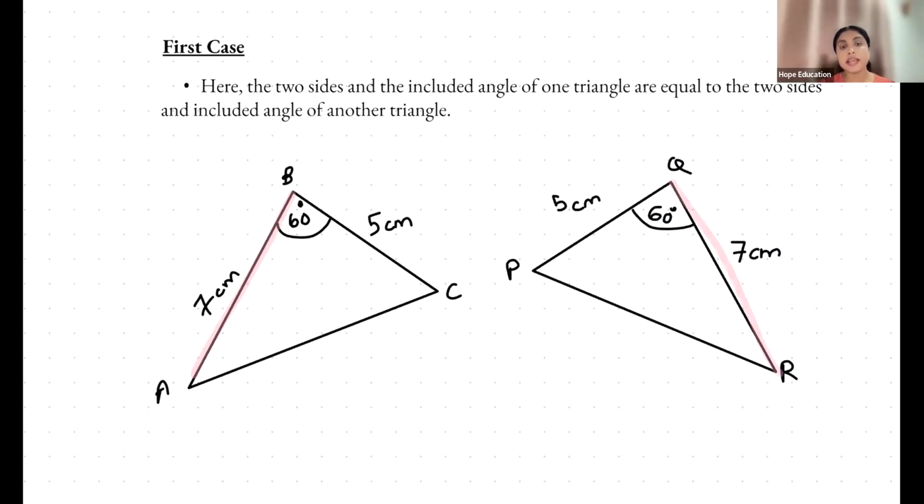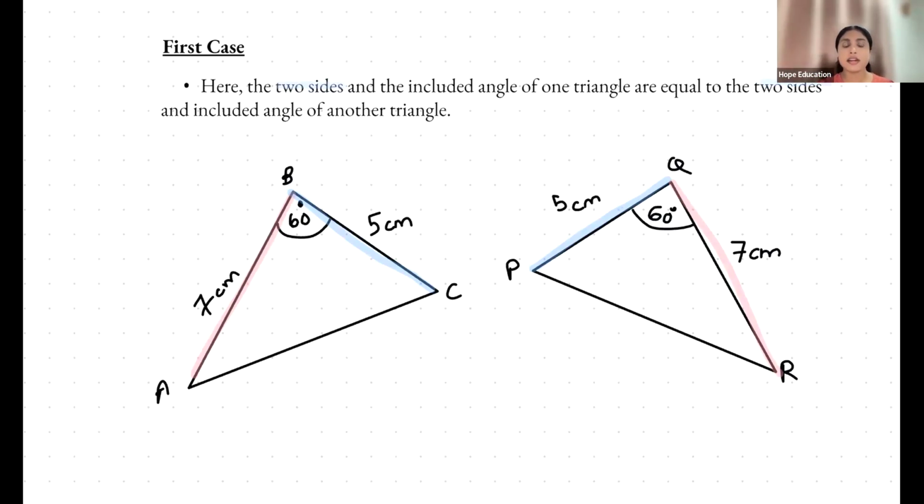Also, here the BC side of this triangle is equal to the PQ side of this triangle. They are both 5 centimeters. So that is why we say two sides of one triangle are equal to two sides of the other triangle.